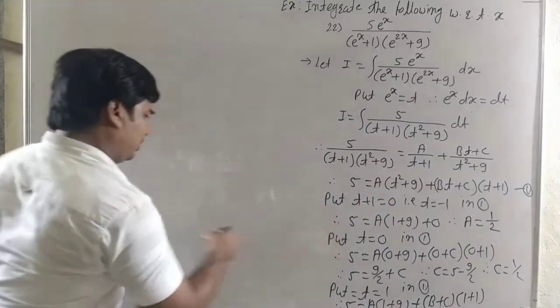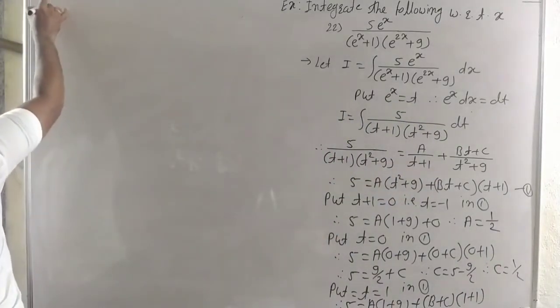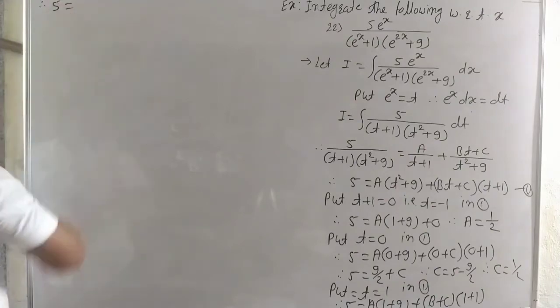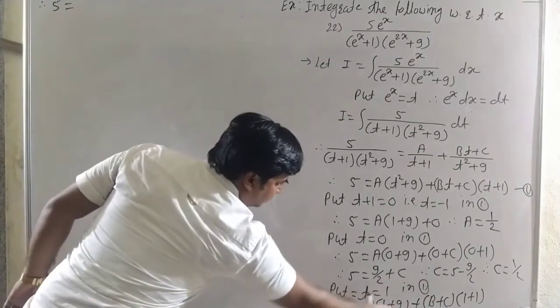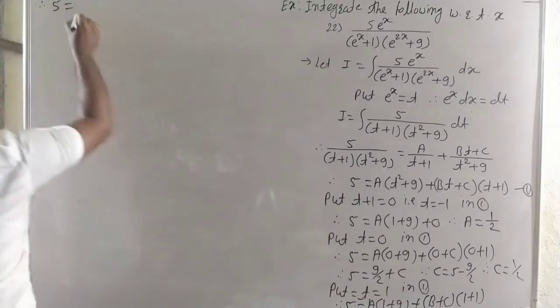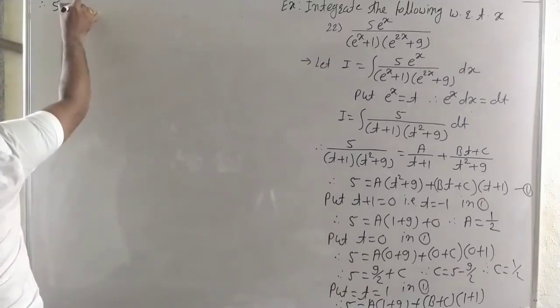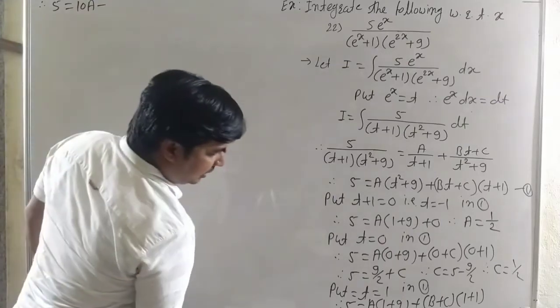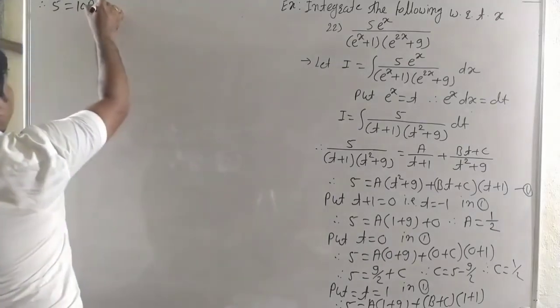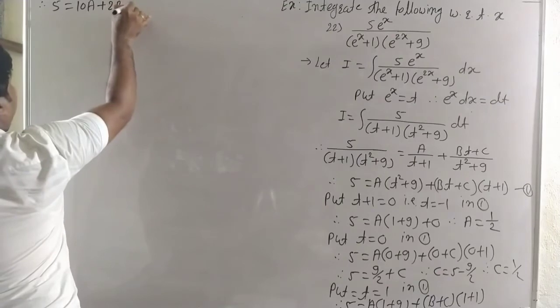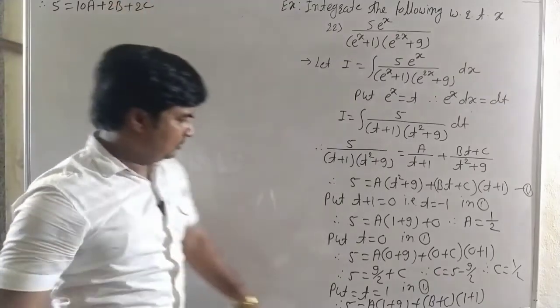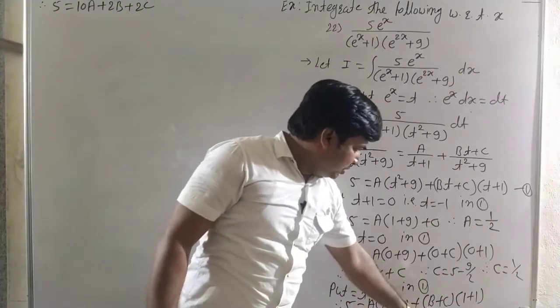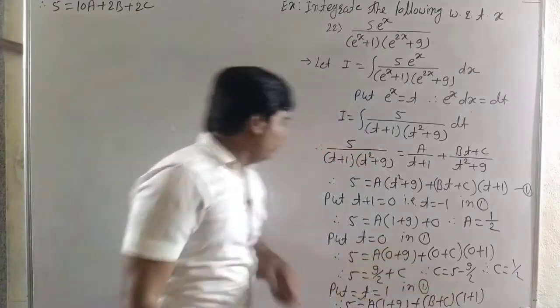Then we get 5 is equal to 10a, where a is equal to 1 by 2, plus 2b and plus 2c.